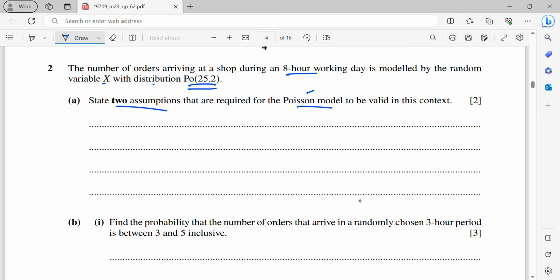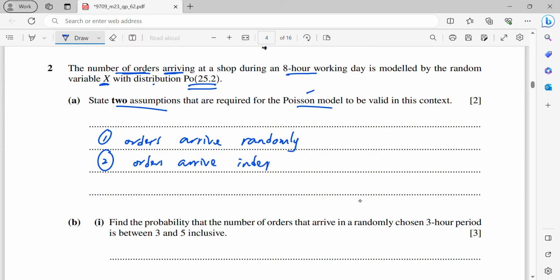Okay, so it's mentioned that your X is the number of orders arriving. So from here I will write number 1, orders arrive randomly. That is the first condition for the Poisson distribution, and then the second will be independence, so I will write orders arrive independently.